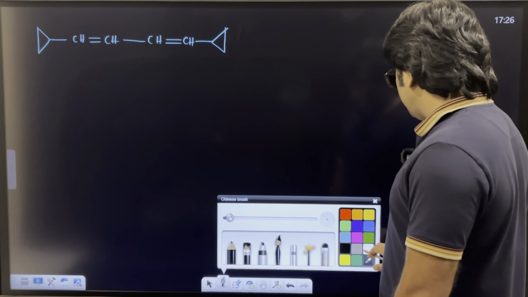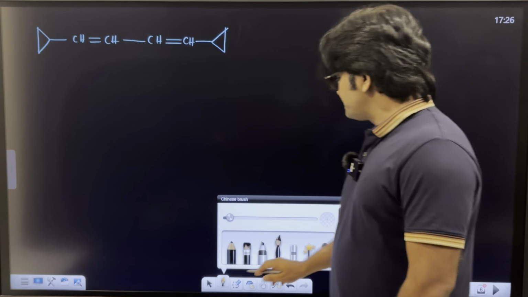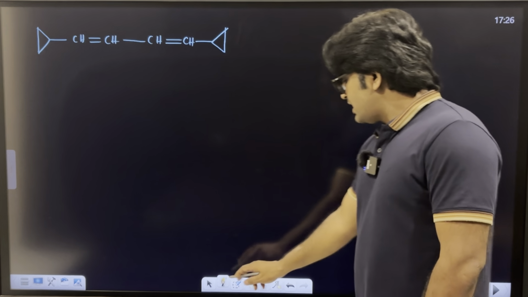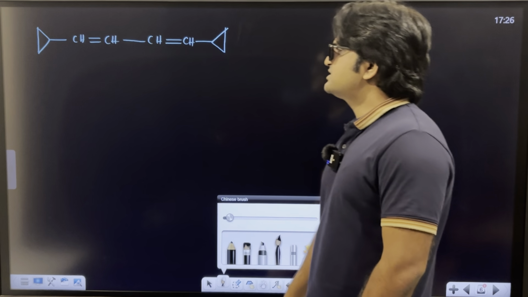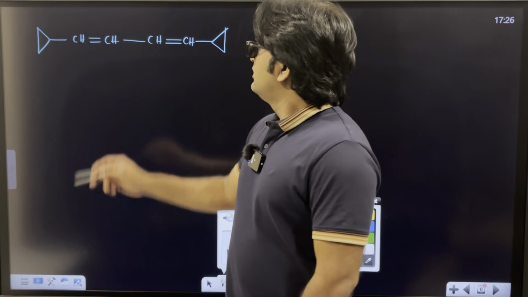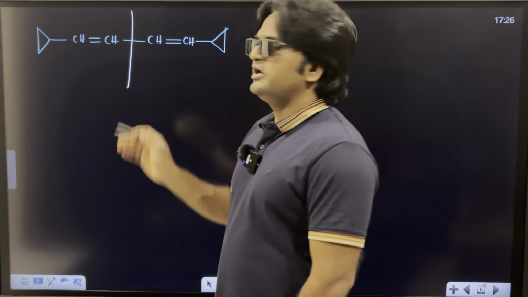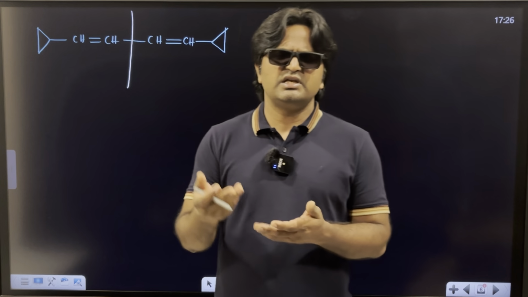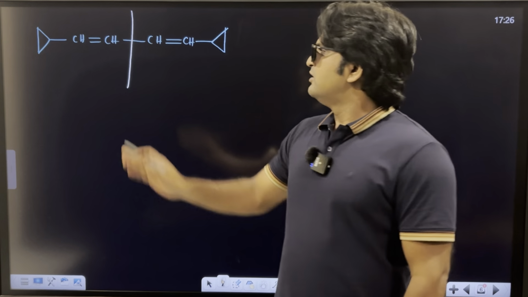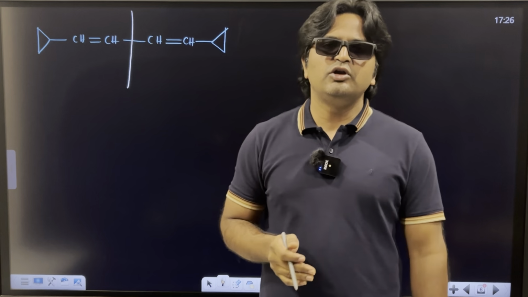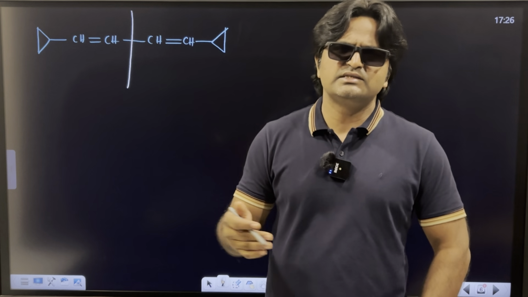First you try to identify whether the given molecule is a symmetrical molecule or an unsymmetrical molecule. First I am trying to divide this molecule into 2 equal parts. For example, if I take one particular plane, simply from here I can separate this molecule into 2 equal parts: plane of symmetry, axis of symmetry.